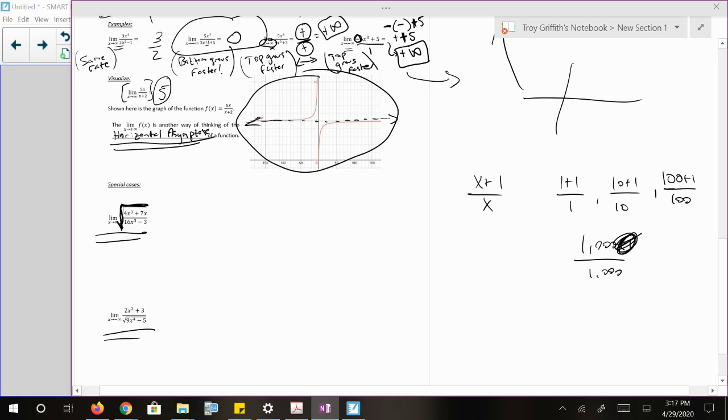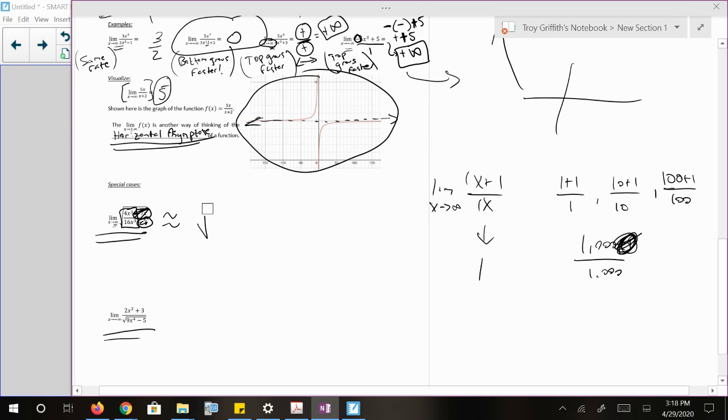The same thing happens on the limit if I plug in values of x that are getting larger and larger. The only thing that ends up mattering is not this stuff, but the stuff that's going on right here. So a way of thinking about this is that this function is approximately the same thing, if we're calculating a limit as x approaches infinity, as just 4x cubed divided by 16x cubed, because as we plug in larger and larger values, you can almost ignore this stuff at the end.